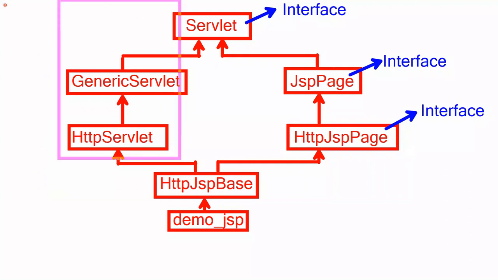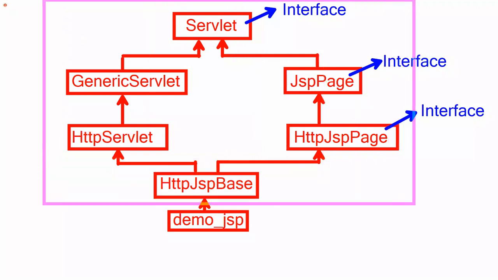If you take these three, multi-level. If you take up to here, multi-path. From Servlet to HttpJspBase via GenericServlet and HttpServlet is one path, and via JspPage and HttpJspPage is one more path. Multi-path, and many forms combined, that's what is hybrid.